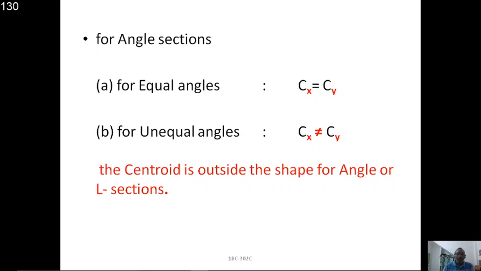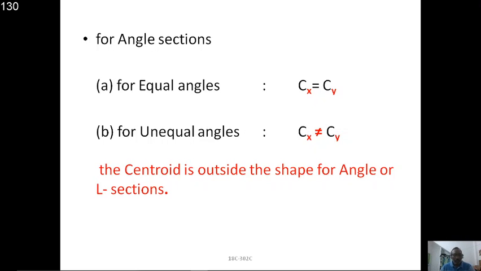And we also made some conclusions by solving the equal angle sections and unequal angle sections of the L section portion, in which we stated that for equal angles the centroid about the x-axis is equal to the centroid about the y-axis, whereas in the case of unequal angles it will not be the same.